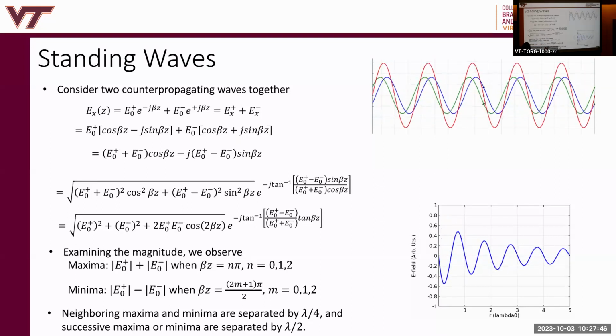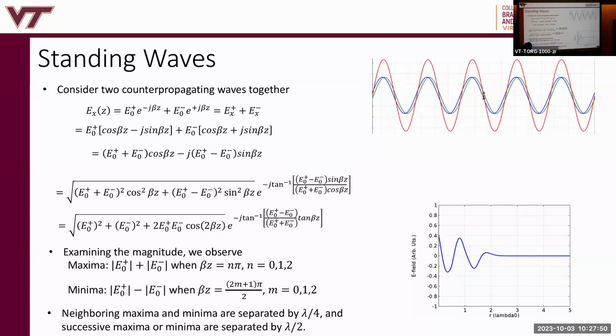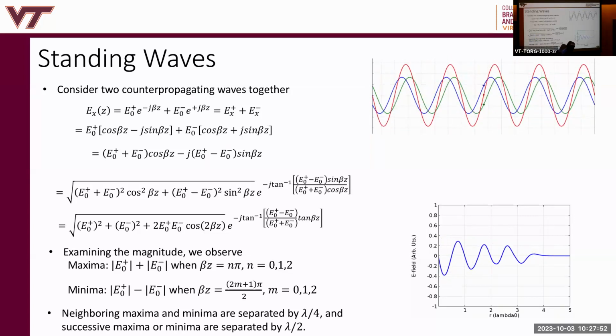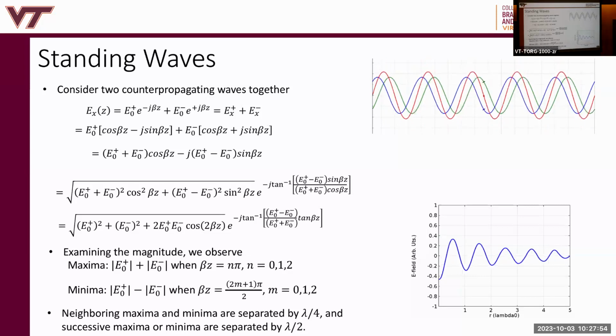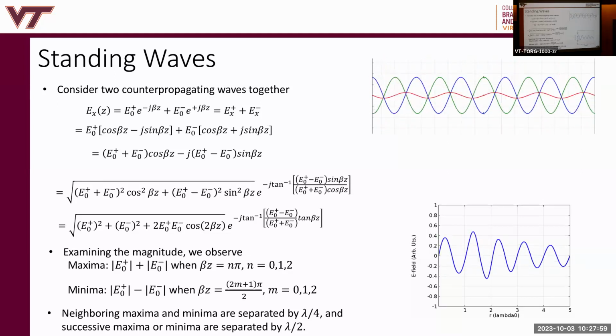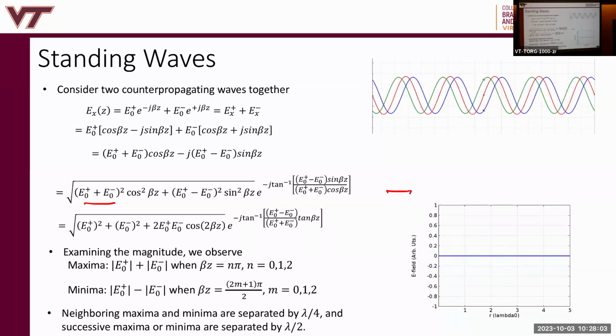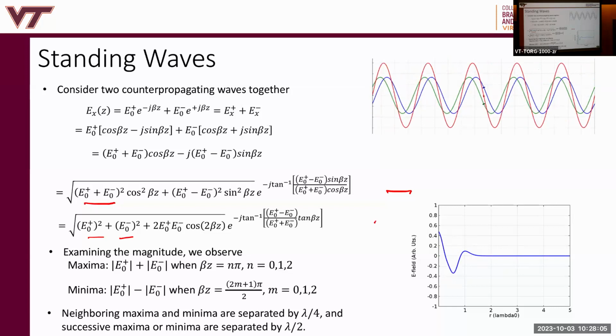You can combine these using this formula, which is the square root of a squared plus b squared, and then e to the minus j tan inverse of b over a, I think. So you can combine these two like that, and you can open up this square here, and you end up with these two terms, and you have this expression here.